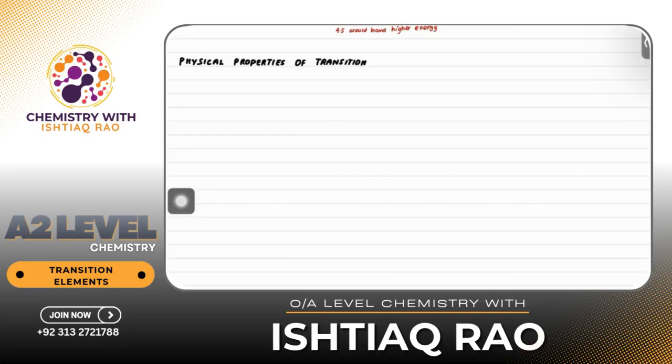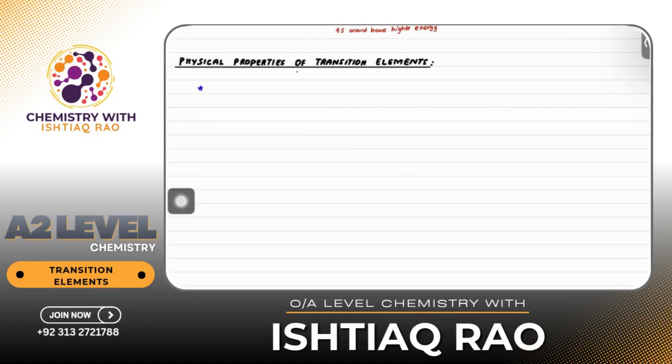Generally, their melting and boiling points are higher than the group 1 or group 2 elements. Group 1 elements have a low melting point, but transition elements have high melting and boiling points. So why do they have high melting and boiling points?